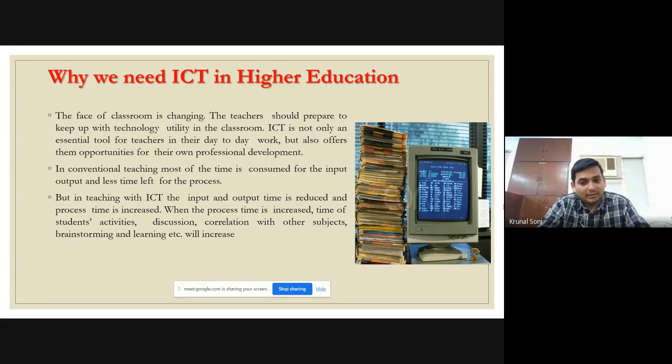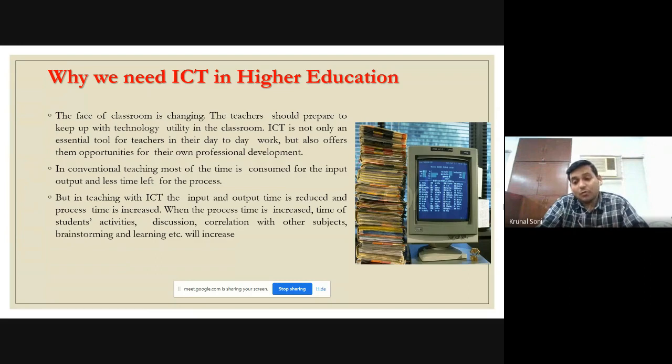When the process time is increased, the time for students' activities, discussion, correlation with other subjects, brainstorming, and learning has increased, right? So when the unnecessary time has decreased, what has increased? The effectiveness of the students' activity, the quantum of students' activity, the knowledge sharing, that is discussion among each other and with the faculties as well, correlation with other subjects, right?